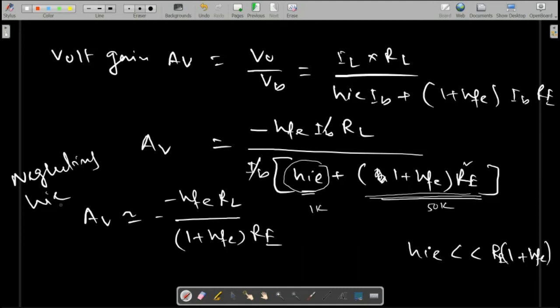Can we simplify this equation further? This is the last point. Check numerator, denominator.